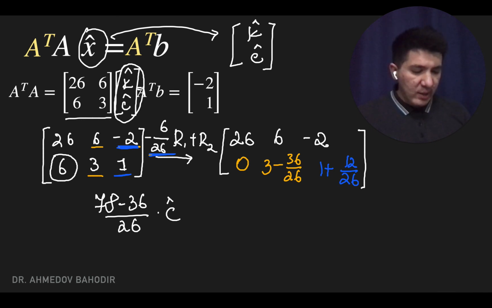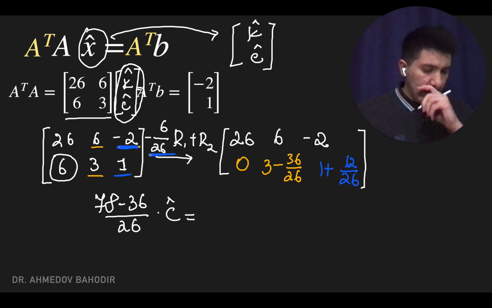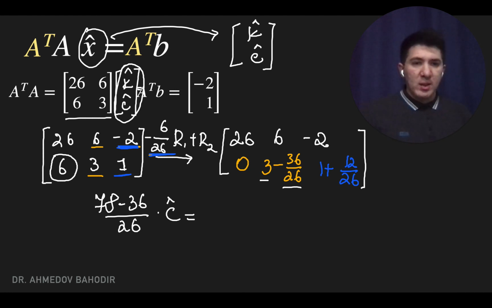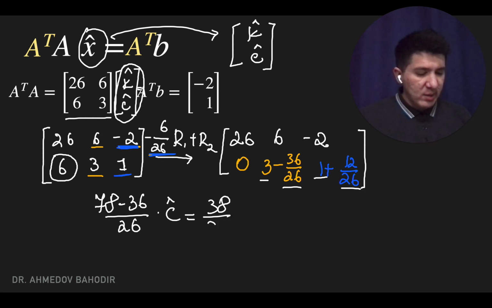So 78 minus 36 divided by 26 times c hat, where we got the 78 by multiplying 3 by 26, is equal to 26 plus 12, because 26 times 1 is 26, so 38 divided by 26.